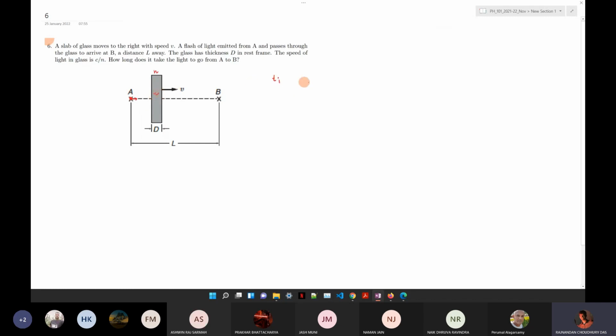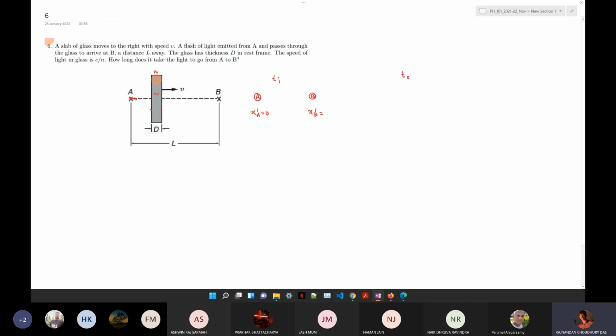Suppose T_in is inside and T_out is outside. Suppose at event A it is entering the slab, and at event B it is coming out. And suppose x_A' is 0, and what will be x_B'?